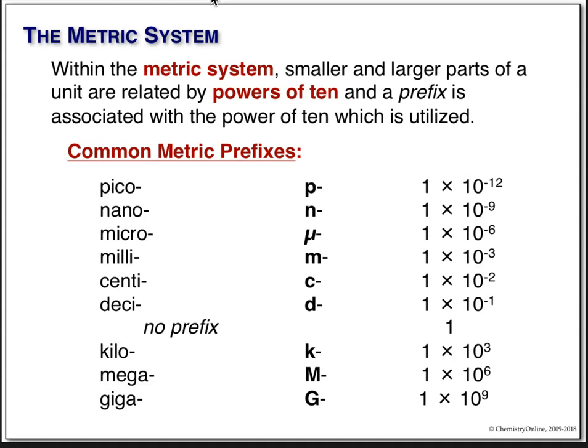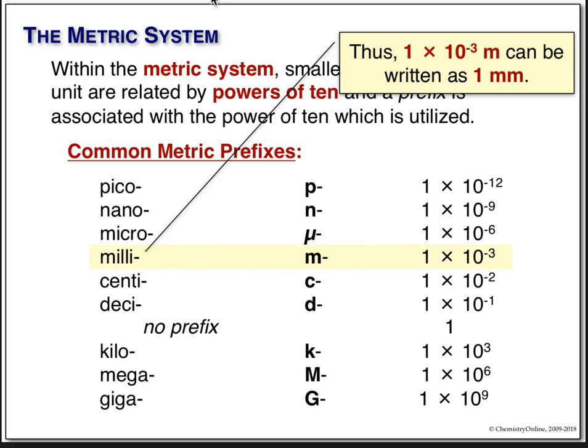Here's our whole list. These are our prefixes, and basically by sticking the prefix in front of some unit of measure, you are inserting an exponent. So let's say we were looking at a millimeter. Millimeter, M-I-L-L-I, the prefix is a lowercase m.